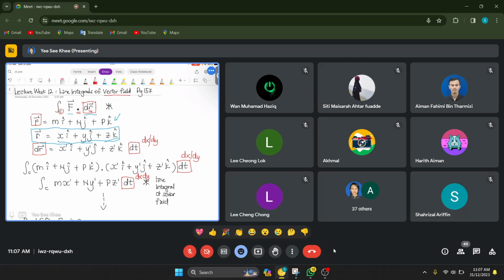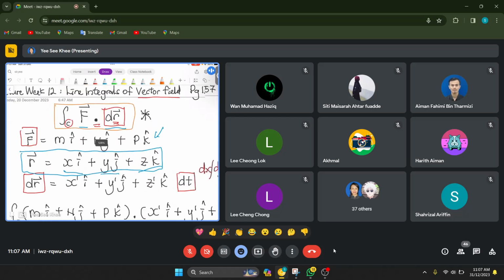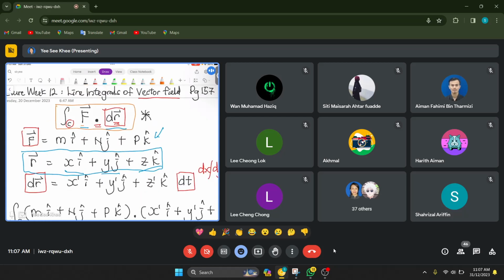So how do you know whether this is a line integral of a vector field? You can see that this is the formula for the line integral of a vector field. You will see that F is a vector, dot product with dr.